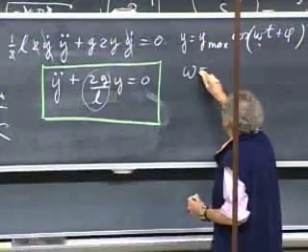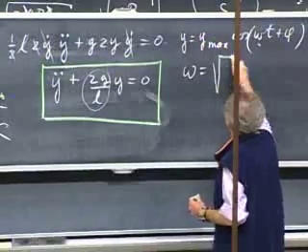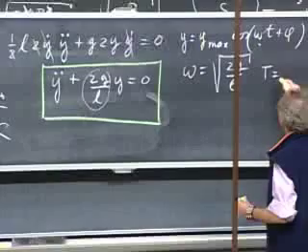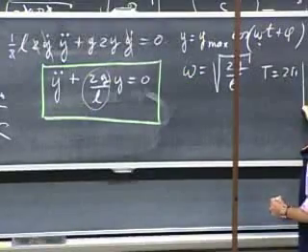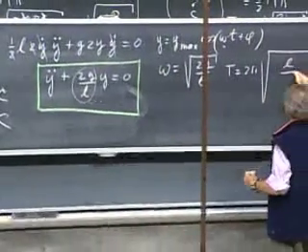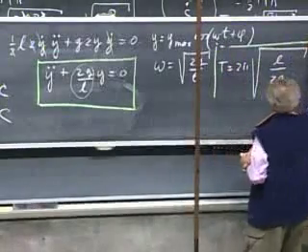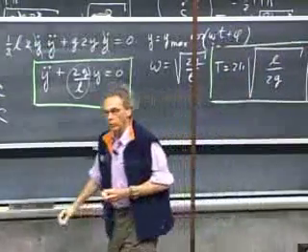Omega, the angular frequency, equals the square root of 2g over L, and so the period will be 2 pi times the square root of L over 2g. So this is the period for an oscillating liquid.